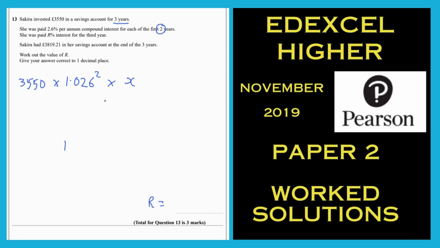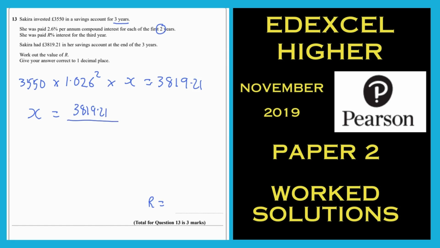So we've got this multiplier that's unknown. I'm calling it X. And when it spits it all out, she ends up with that amount of cash. And that, I think, explains it nicely, because really what you need to do to find X is take your 3819.